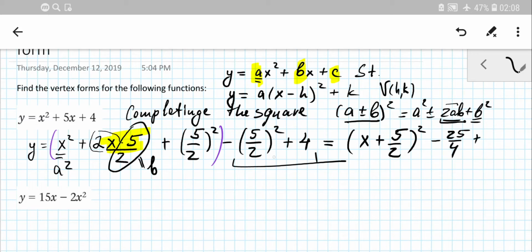And in order to add with 4, we can leave it like 4 and subtract 25 over 4 using a calculator, but I'll show you how to do it mentally. Instead of 4, I want to have denominator 4. So what I'm going to have on top, obviously, is 16, right? Because 16 over 4 is 4.